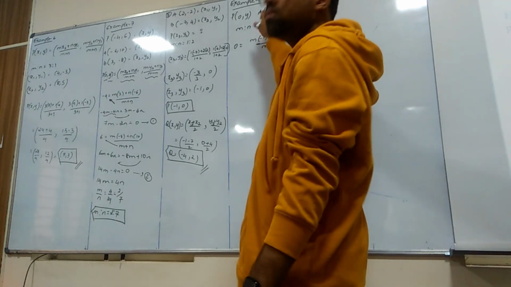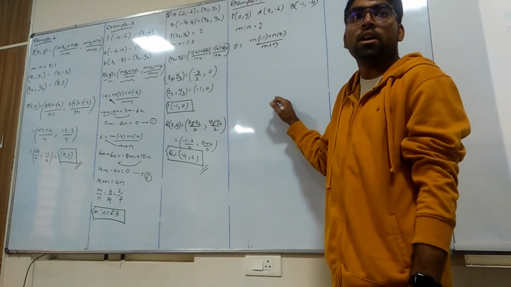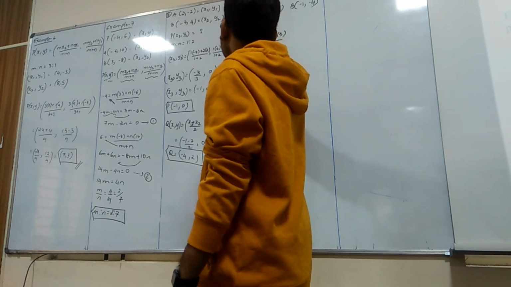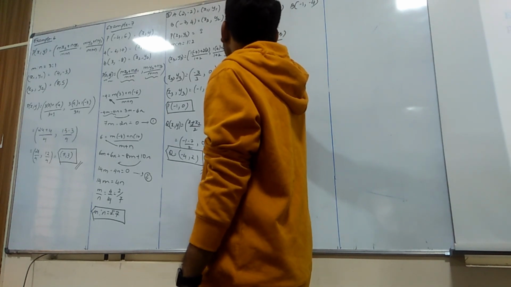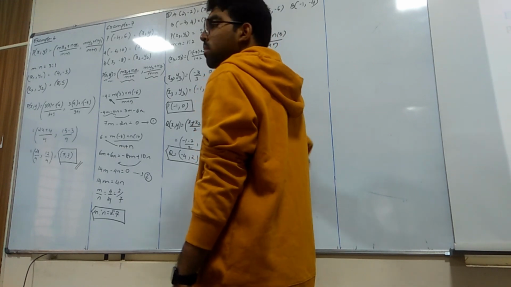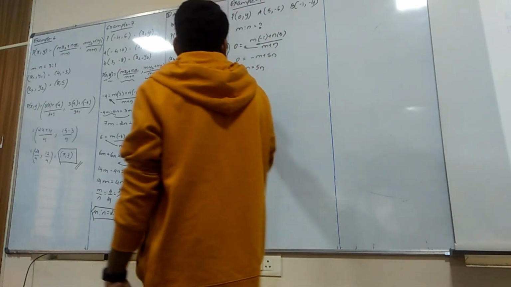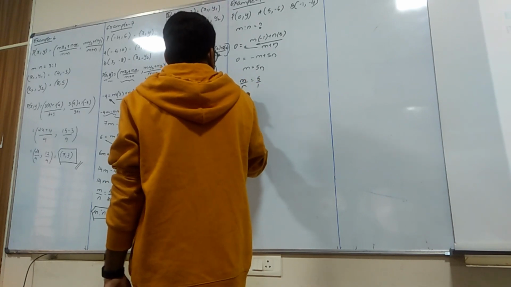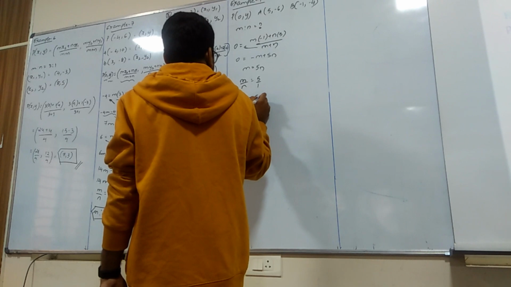Clear? How I got this? Take this to the other side. 0 is equal to minus m plus 5n. m is equal to 5n. Okay? So m by n is equal to 5 by 1. So m is to n is equal to 5 is to 1.